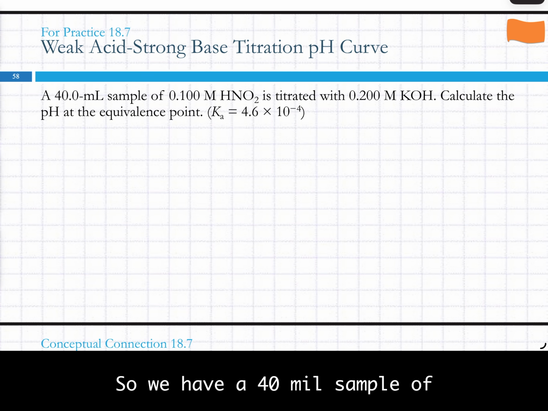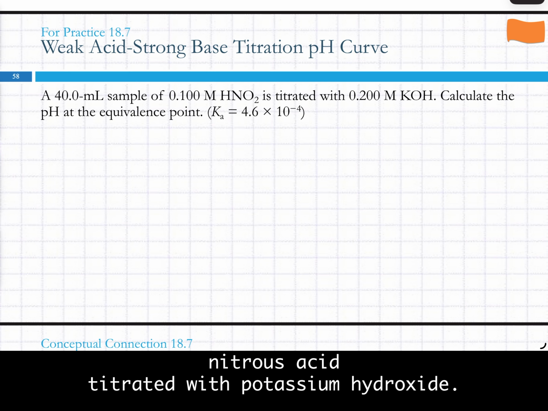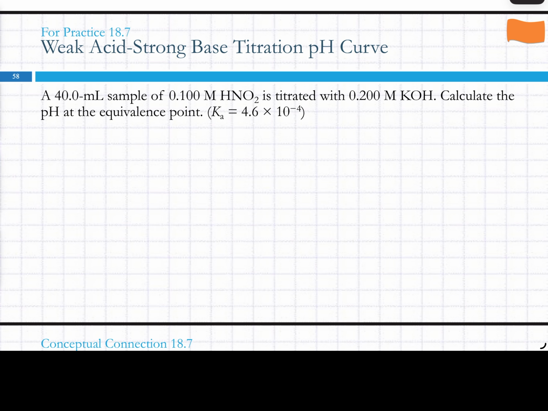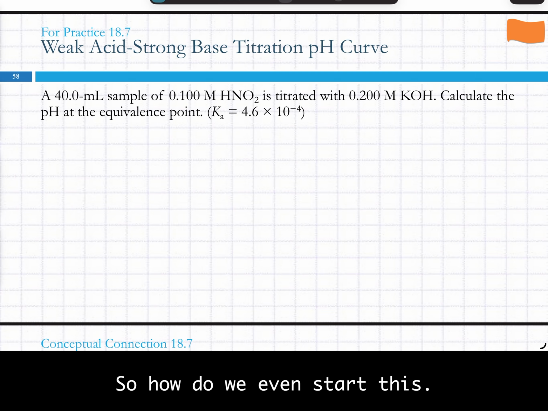All right, so if we have a 40 mL sample of nitrous acid titrated with potassium hydroxide, calculate the pH at the equivalence point. So how do we even start this?